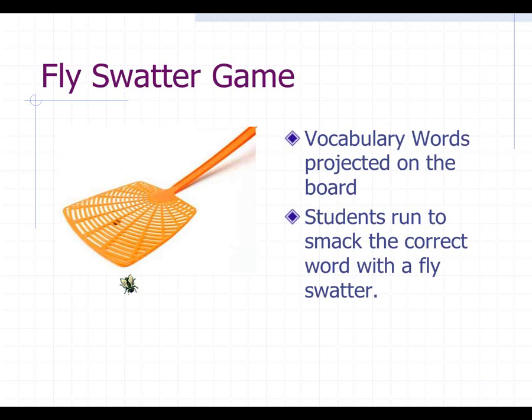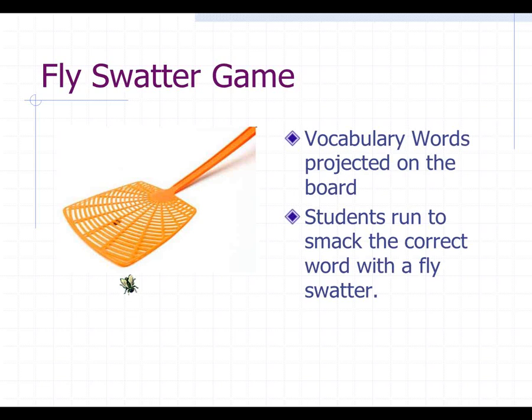I put the fly swatter game up here just in case you don't know about it, though I think it's pretty much been around the block a few times. You line up the students at the back of the room in 2 lines with 1 fly swatter per team. I actually don't own any fly swatters, so I just give them a marker to point with. But I've heard of teachers doing this with swords or axes, and obviously real fly swatters make it fun too.